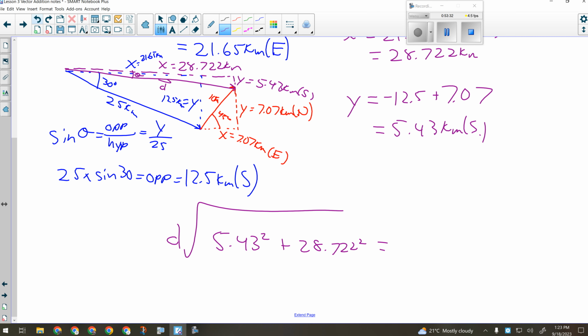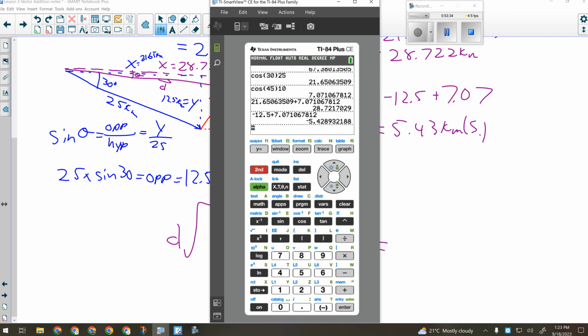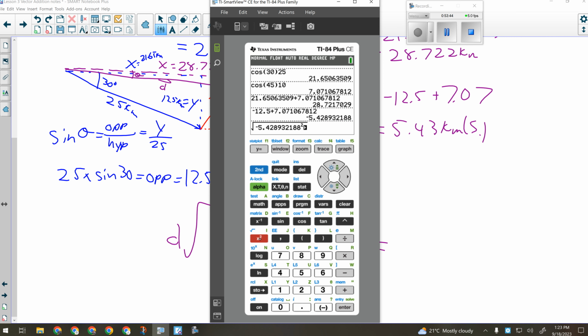And that'll give me my overall displacement. I don't want that to be negative, but it is in there. That won't matter because I'm going to square it anyway. Okay, so we're getting that the, nope. That's not right.